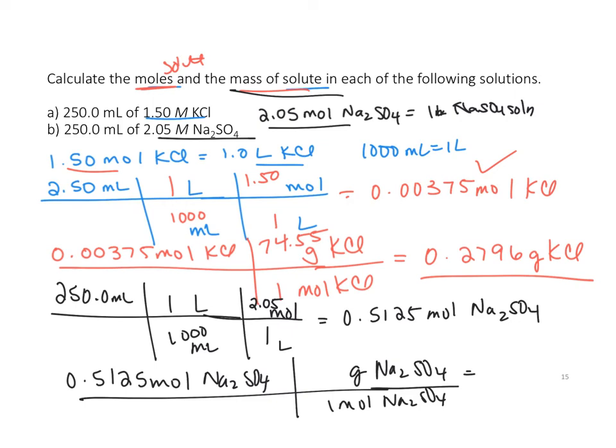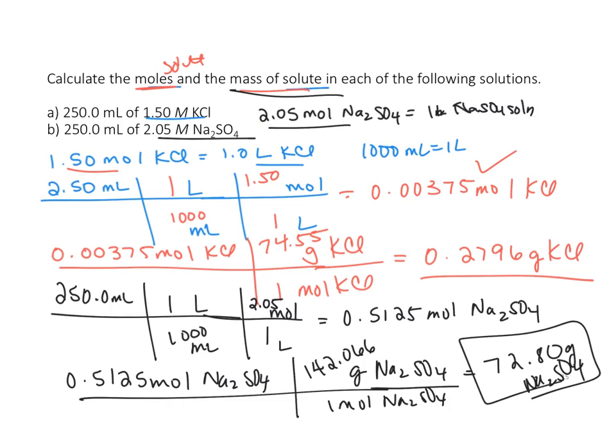And we have 4 oxygens, which is 4 times 16. It gives you 142.066 grams times 0.5125. And you have 72.80 grams of sodium sulfate that you must measure out to make that solution. And you would put it in 1 liter. And that wraps up chapter 4.